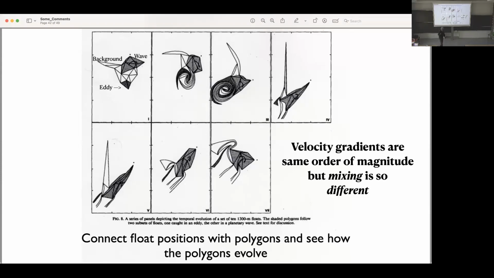Well, here's the interesting thing about all of this. If you look at the velocity gradients associated over these fields, all these velocity gradients are the same order of magnitude. But all our classical dissipation operators depend on gradients and Laplacians. But the mixing is very different. It depends whether you're in a wave or you're in an eddy.